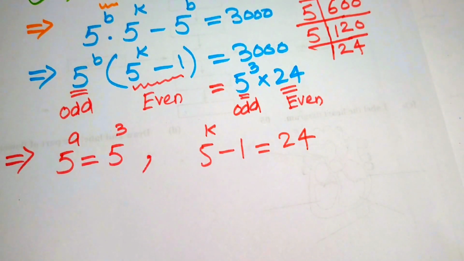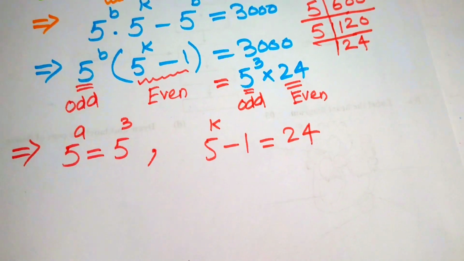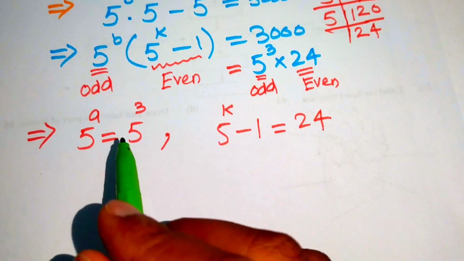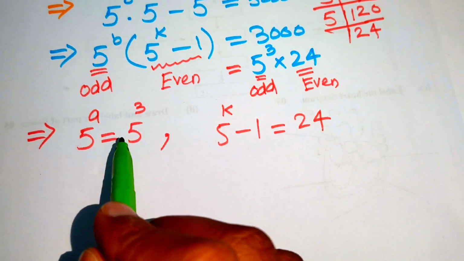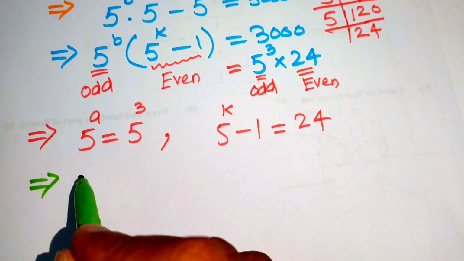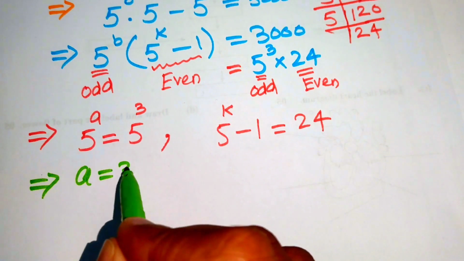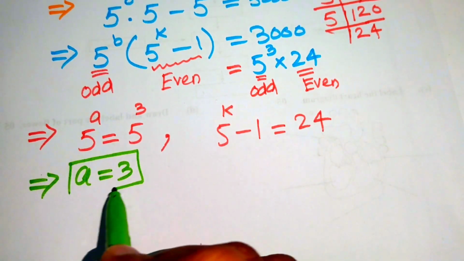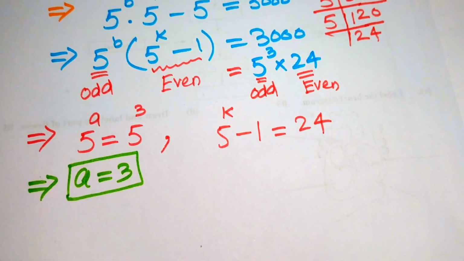In the next step we first focus on the first case, and in this case we compare both of the sides and we see that bases are same, so we equate the exponents and we easily get the value of a equals 3.